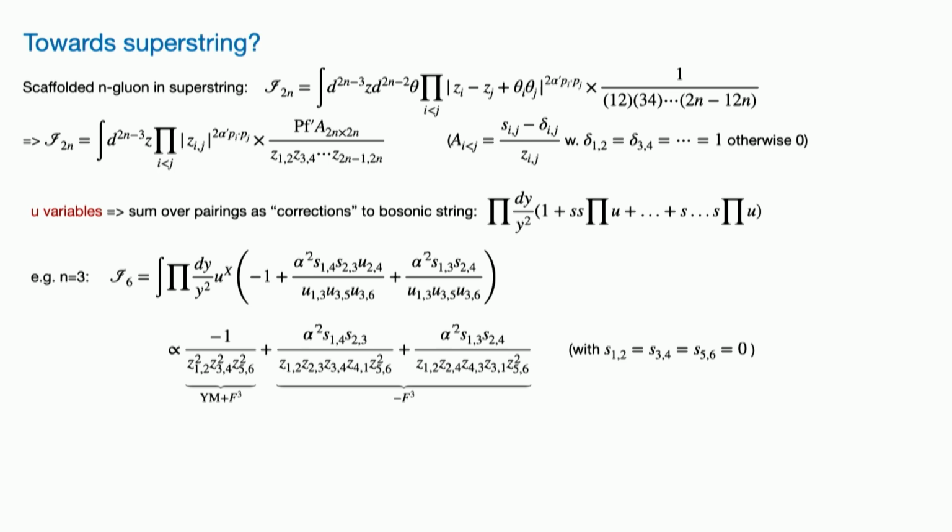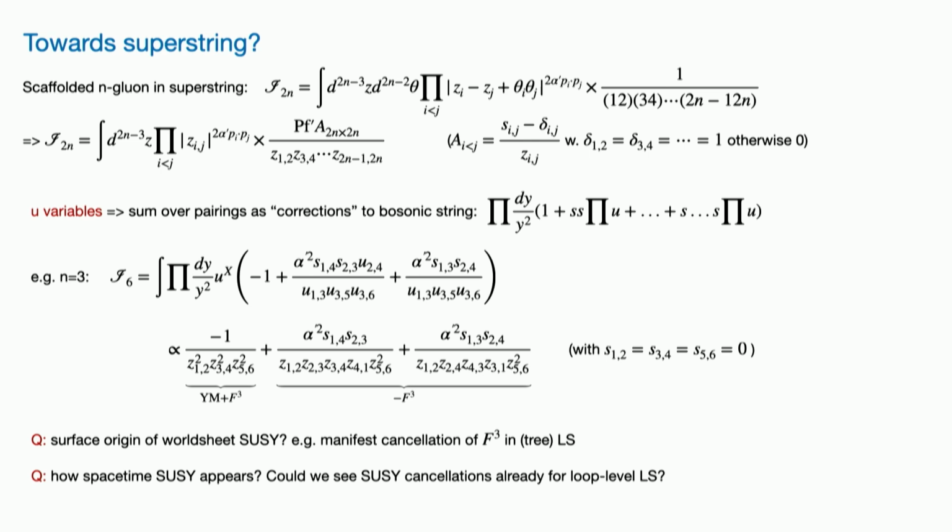And now you have corrections. You have other correction terms that change the bosonic string, and the job of these correction terms is really to ensure the worldsheet supersymmetry. For example, you can check that for all the leading singularities, I told you there's a gluing of three-point amplitudes. The three-point amplitude consists of Yang-Mills and F cubed, but all the F cubed will immediately get canceled if you introduce these SUSY correction terms.